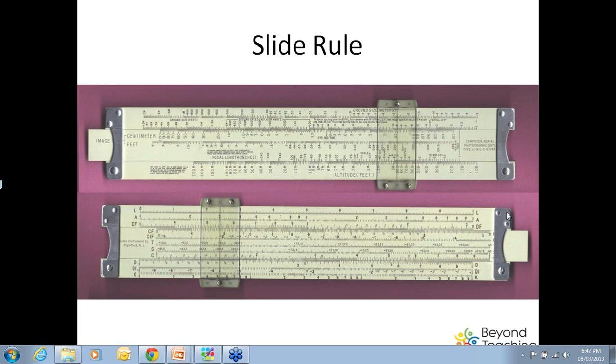All right, so I wish I could show you a slide rule. In fact, I had it in my cupboard for quite a while, and I used to love it because it's such a mechanical tool, and you can do a lot of calculations using it. Why is it important to show all of these things to our children? Simply because these also give a perspective on how math has developed over the years.